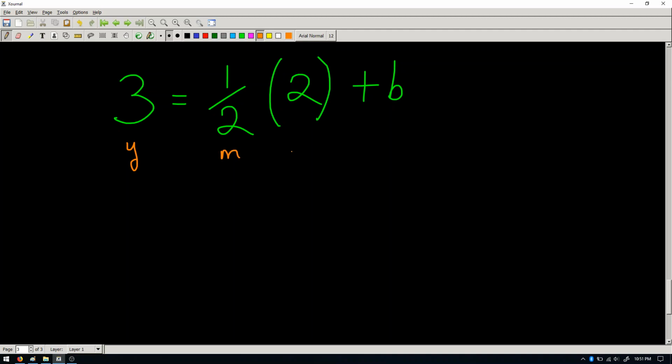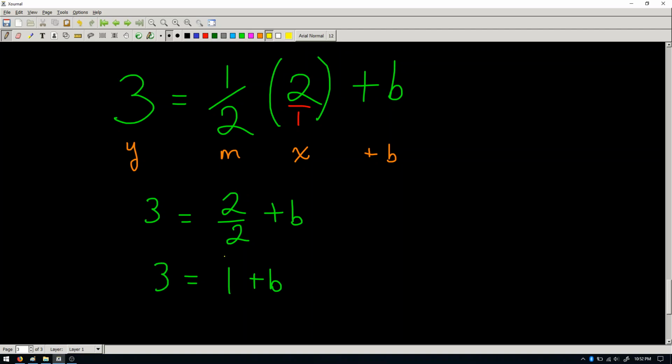So all I've done is plug in information. Now I need to note that the number underneath the 2 is 1, and I can just apply the math. 2 over 2 plus b equals 3. 2 over 2 can be reduced to 1.